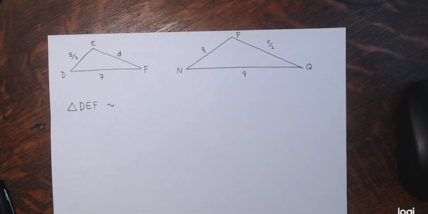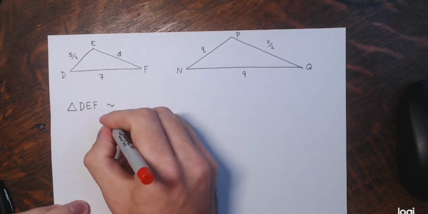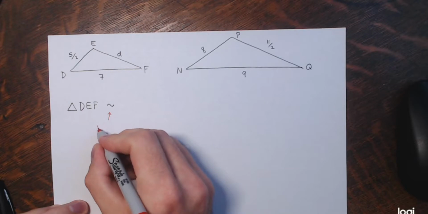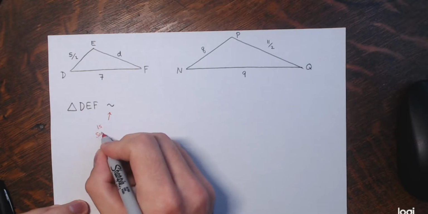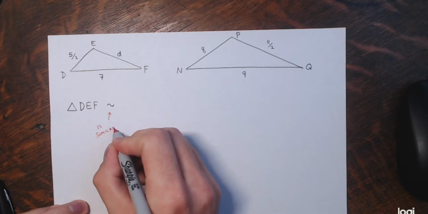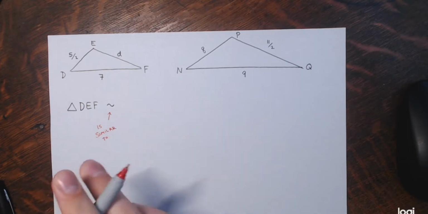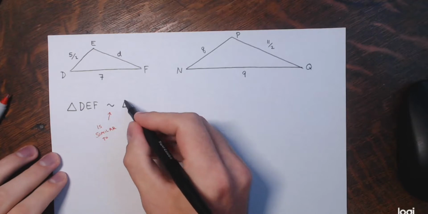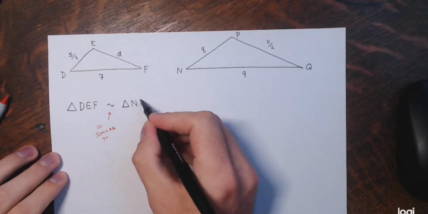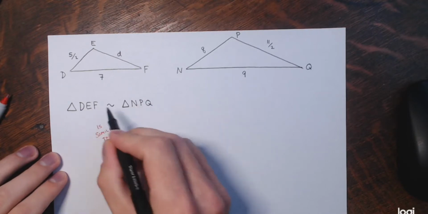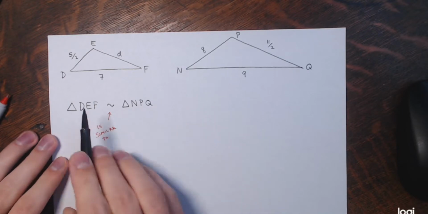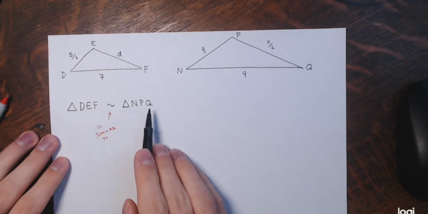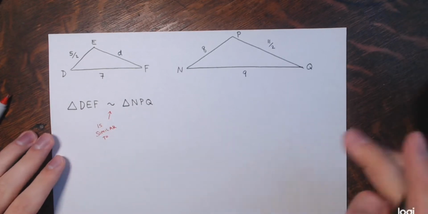I'll write that down for you. If you ever see me use this symbol here or in other texts, this means is similar to this other triangle NPQ. Now pay attention to how the figures are named, because the letters should correspond to one another in a particular way. I'll talk about what that means here.